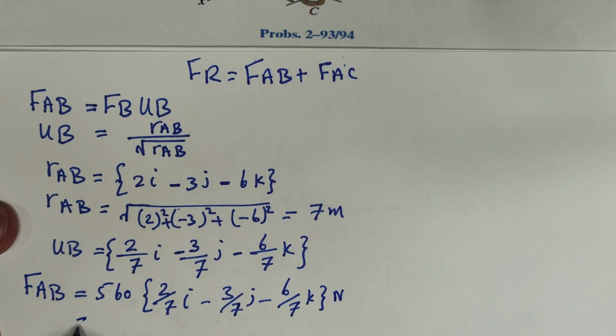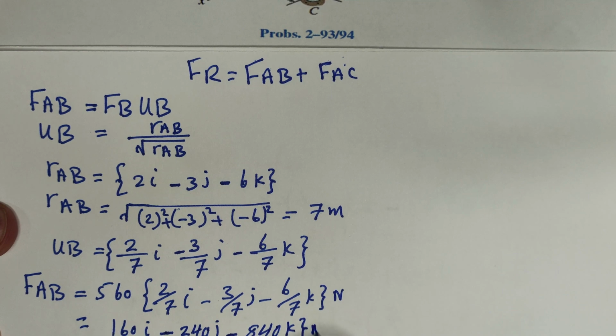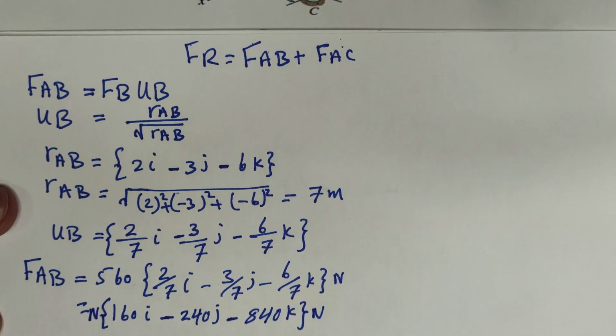Now plug that into your calculator and it should equal 160i minus 240j minus 480k. And again, this is the first force we are solving for.